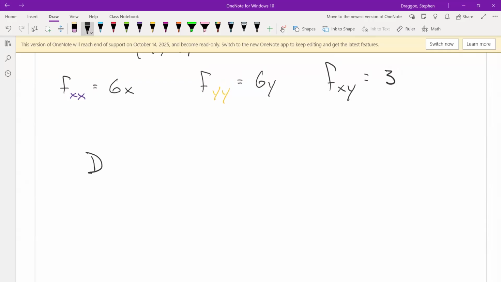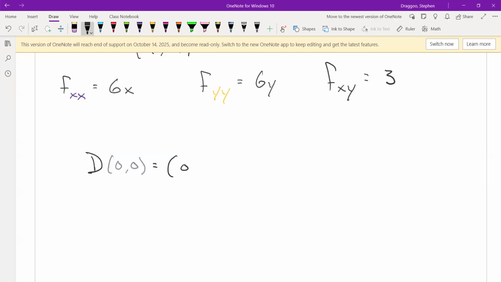At my two critical points, I'm going to look at D, specifically at 0, 0. I wasn't really including all of the detail in the previous problems. It ended up not being necessary. I didn't need to plug numbers into my D values in the previous problem. This time I do, though, because I have an x and a y that survives the second order derivative process.